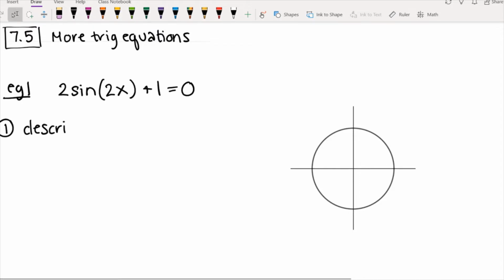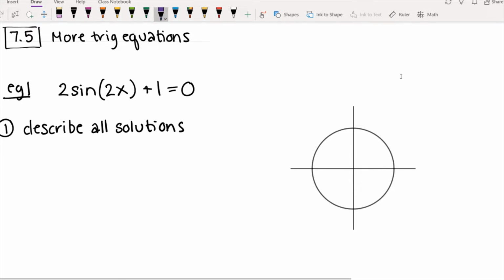So that would be how, like in the past, we would say our answers and then say plus 2 pi k, although we'll see in this case, it actually comes out a little bit different. So first, we're going to describe all solutions. And then once we have all solutions written down, then we'll also write down a list of 4 specific solutions. So that will come a little later.